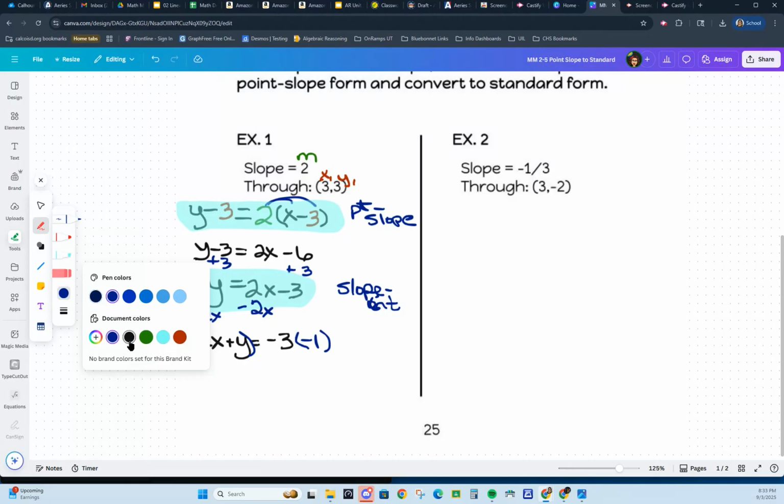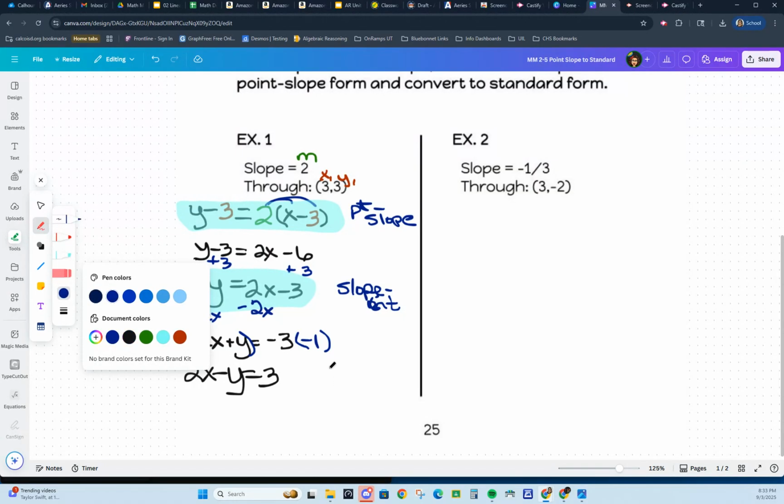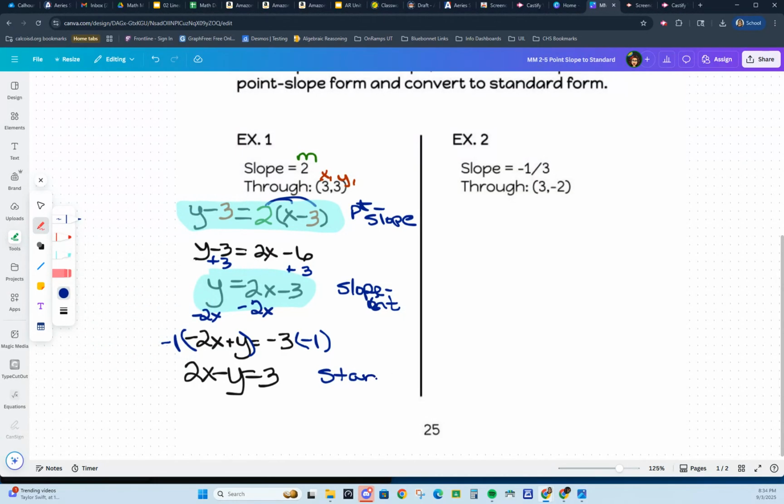That is going to make it a positive 2x minus 1y to equal a positive 3. Now we are at our standard form.